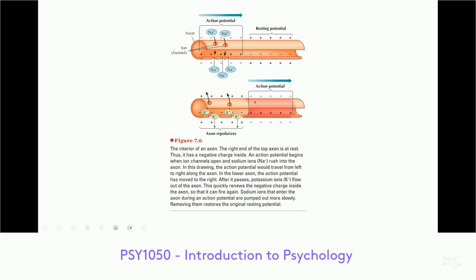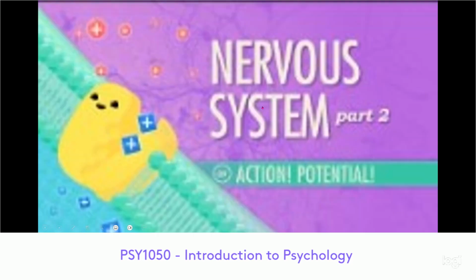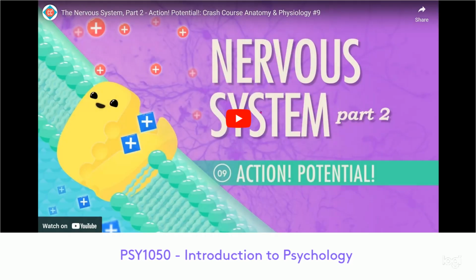And after it's passed, then the potassium flows out of the axon, which creates the newly negatively charged interior. And then eventually it gets restored to the original resting potential. So this video, once again, will talk more specifically about this action potential.